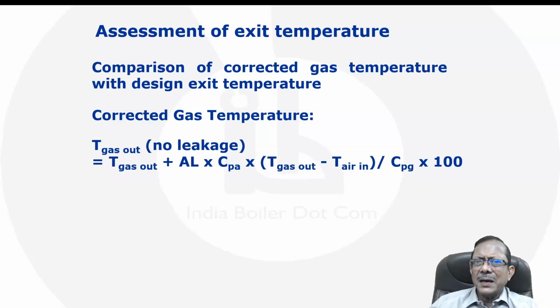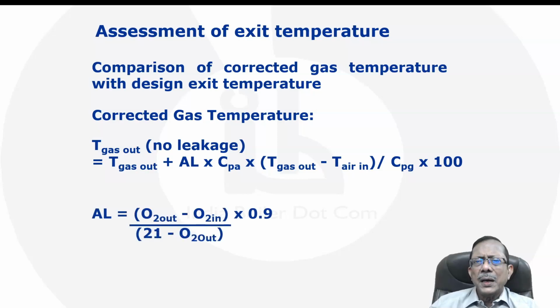AL is the air leakage as a result of APH leakage, which can be calculated by this formula: (O2 out minus O2 in) divided by (21 minus O2 out), into 0.9, which is an empirical formula. So what we need to measure is the O2 percentage at APH inlet, which is always measured in every boiler, but O2 out is another very important parameter to measure, particularly if you have an RAPH.